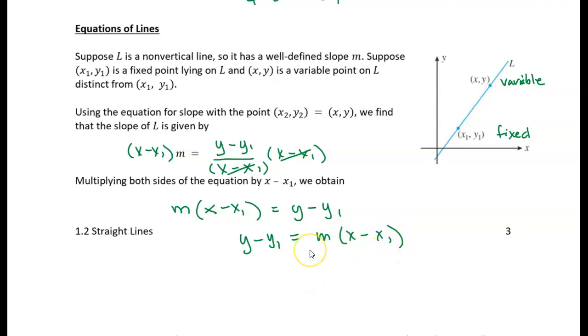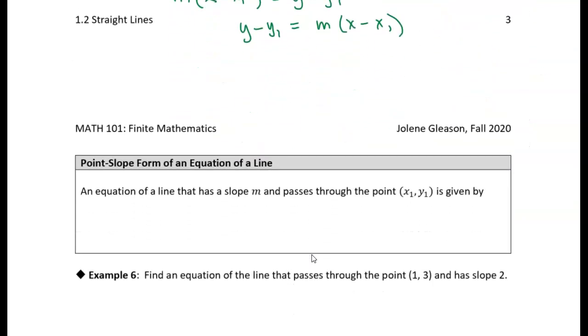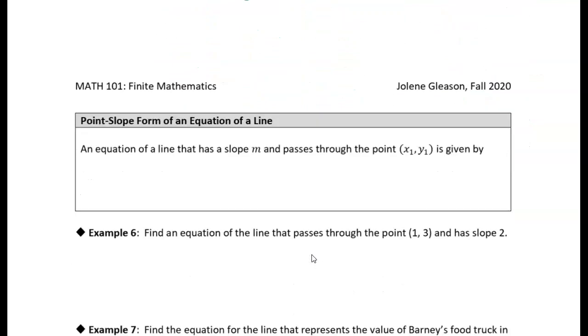All right, so that is actually called the point slope form of a line. It's the point slope form of the equation for a line. So let's copy that down here. y minus y1 is equal to m times x minus x1. So x1, y1 is our fixed point. The x comma y is our variable point.